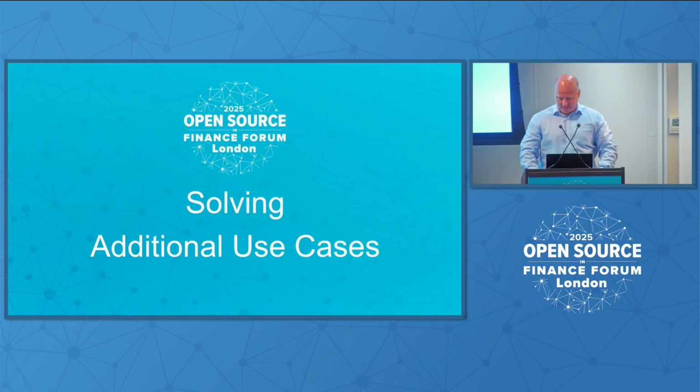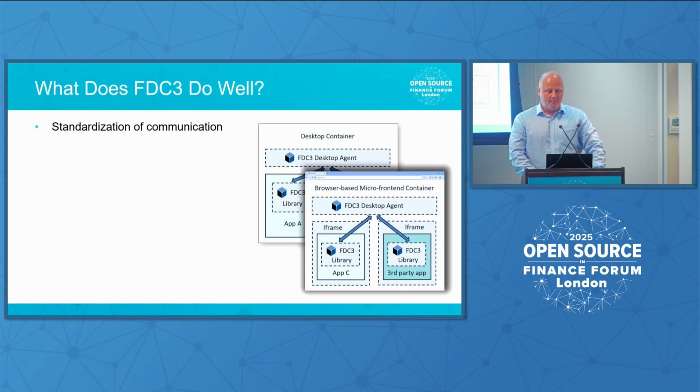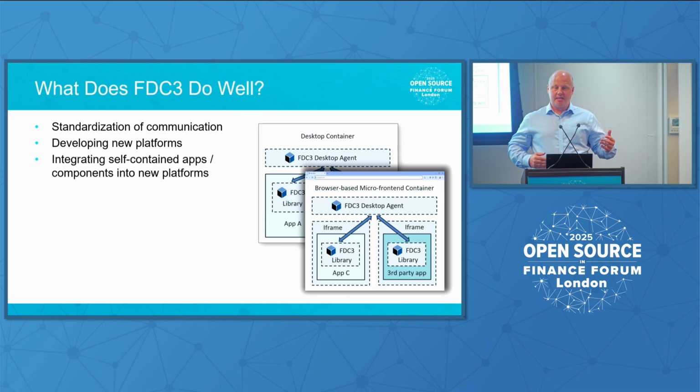Thanks, Chris. Right, I'm going to just start off here by reviewing what FDC3 currently does well. We know it provides a good mechanism to provide standardization of communication between our apps. It's also really good when we're developing entirely new platforms from scratch. And it allows us to take self-contained app components and put them into those new platforms.